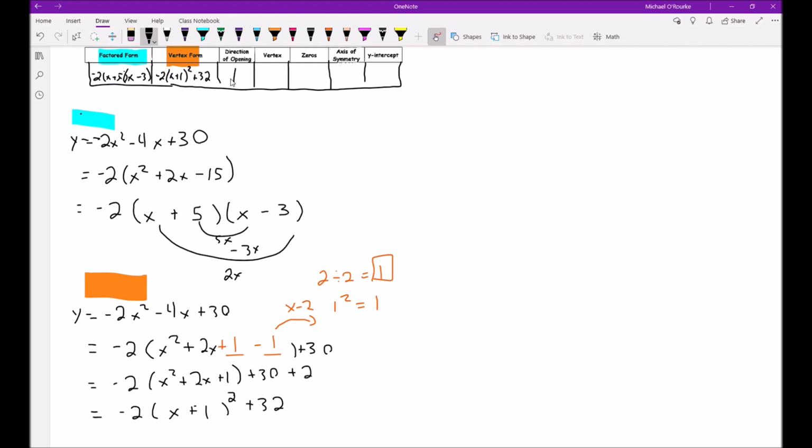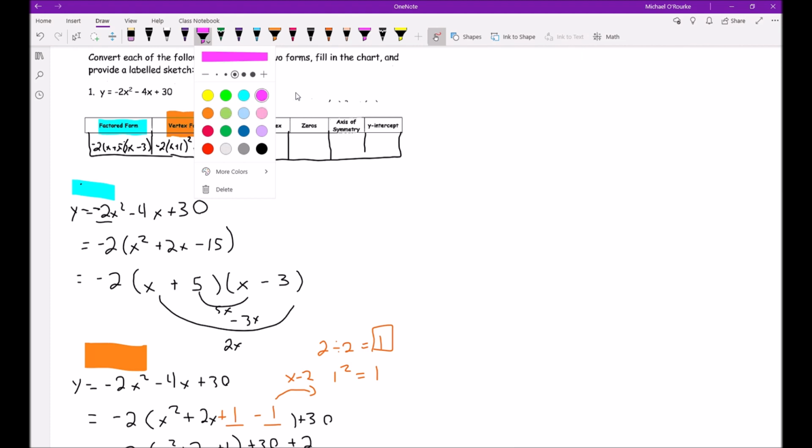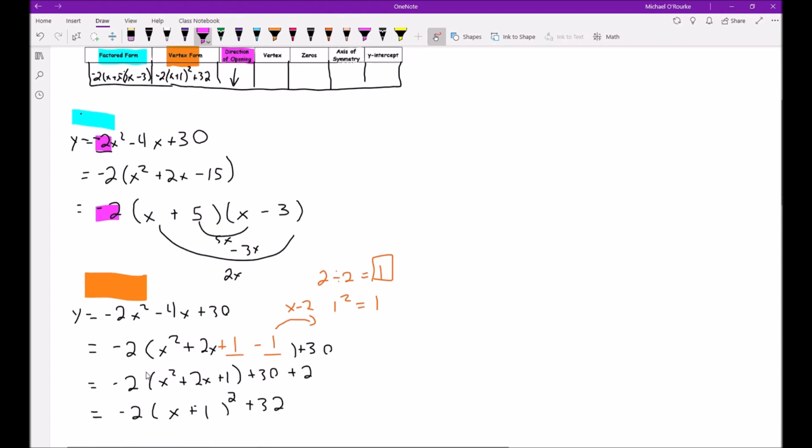So I'm just going to put an arrow down here because my A value is negative everywhere. It's negative here, it's negative here, and in my vertex form, it is also negative. So that's where that information comes from.